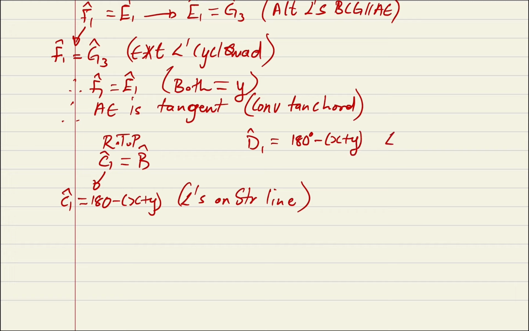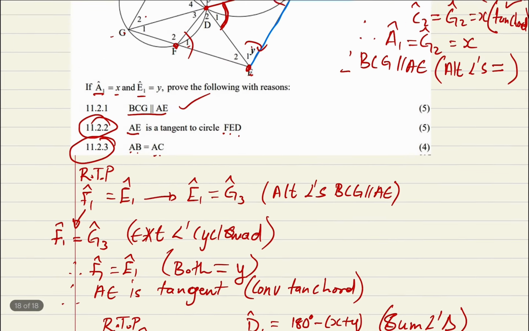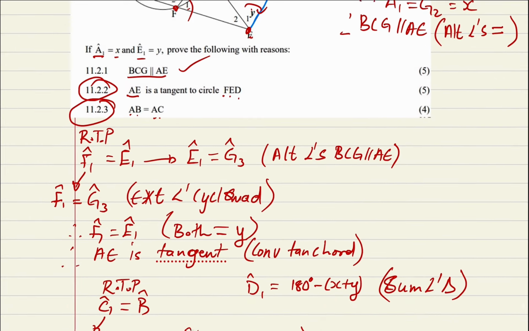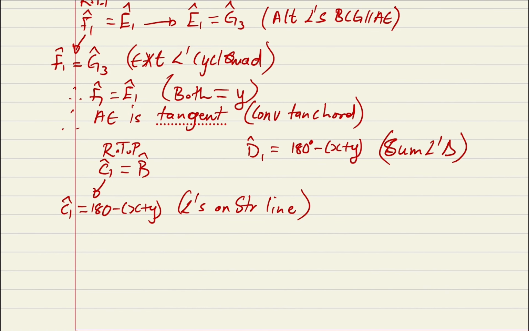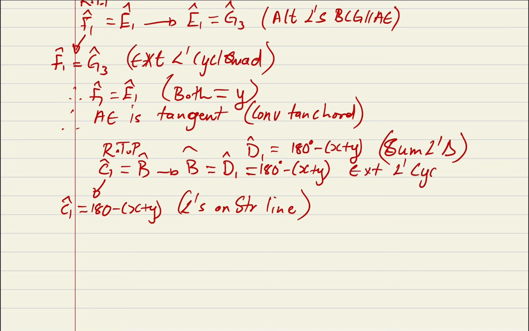This is the sum of angles in a triangle. But angle B is equal to angle D1, which is equal to 180 degrees minus (X plus Y). Why? This is an exterior angle of a cyclic quad.